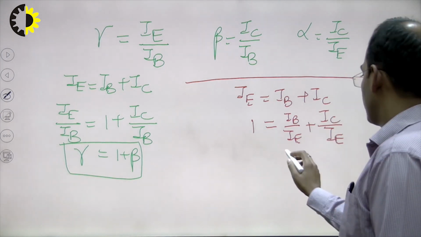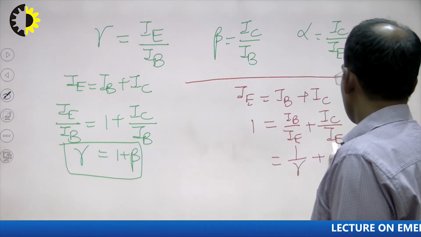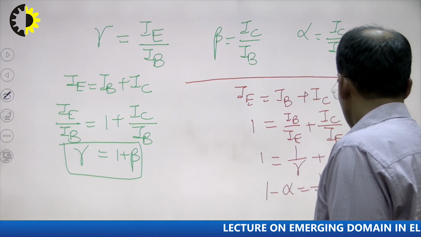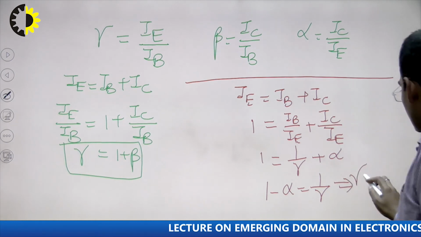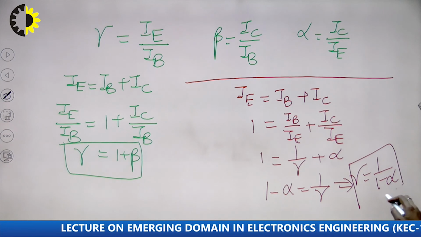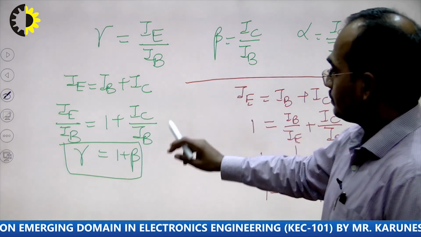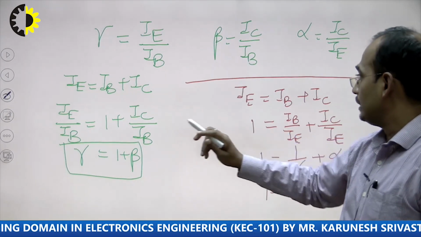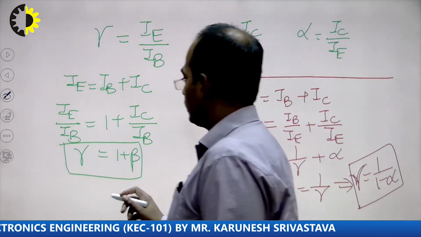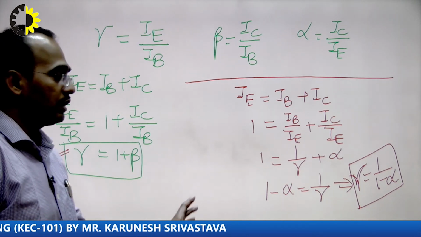IC by IE is nothing but alpha, IB by IE is nothing but 1 by gamma. So 1 minus alpha is equal to 1 by gamma. So gamma is equal to 1 upon 1 minus alpha. So this is the relation between gamma and beta, and this is the relation between gamma and alpha. These relations are useful for the examination purpose, and you can use these relations for solving the numericals.